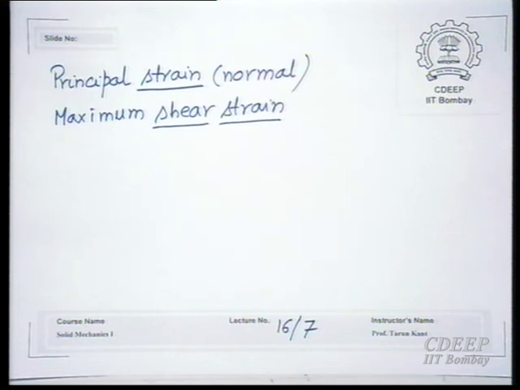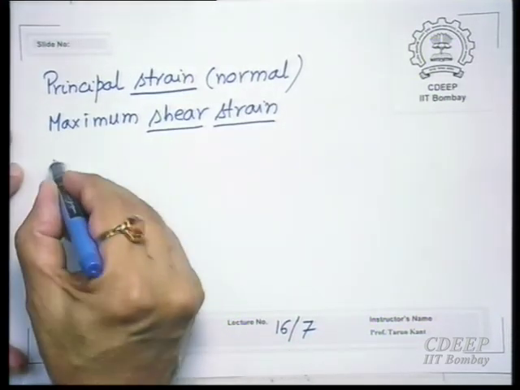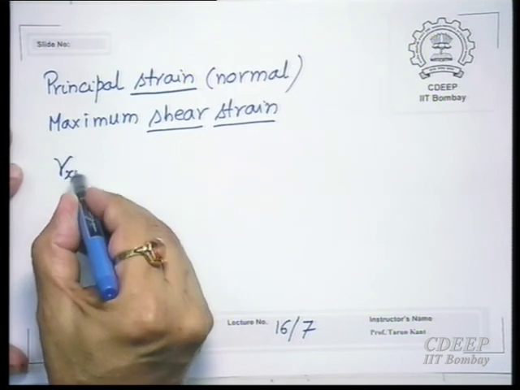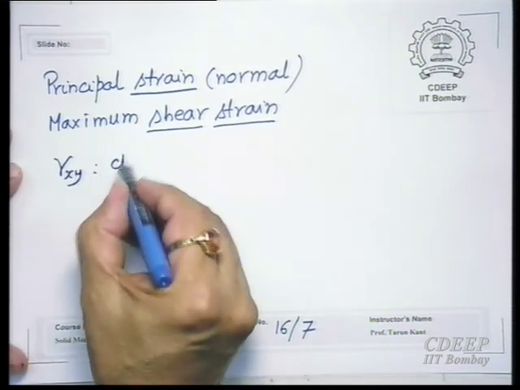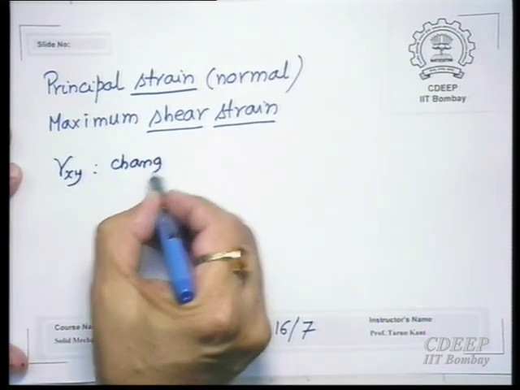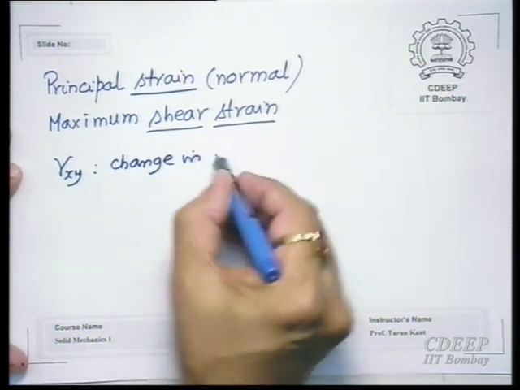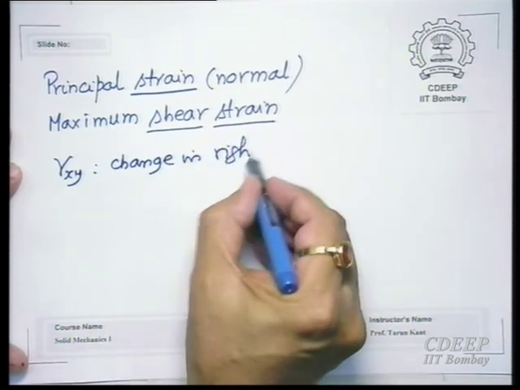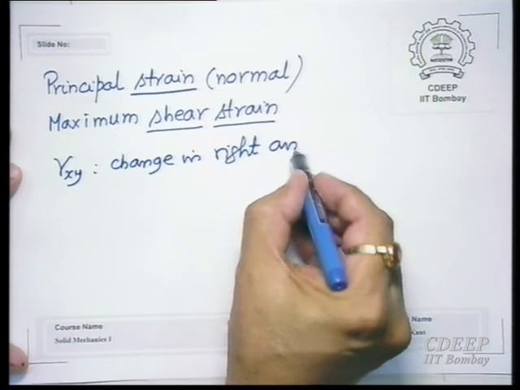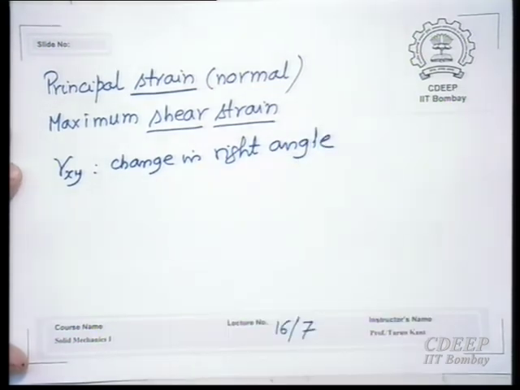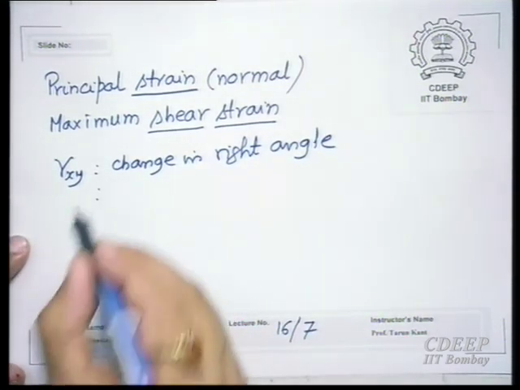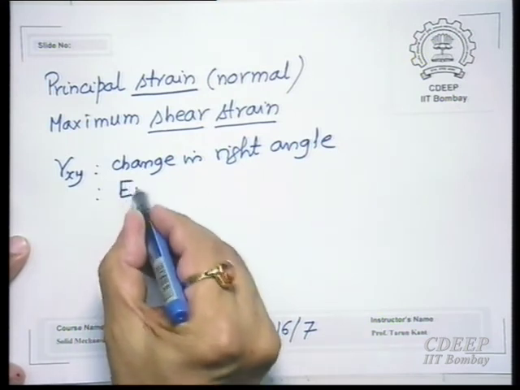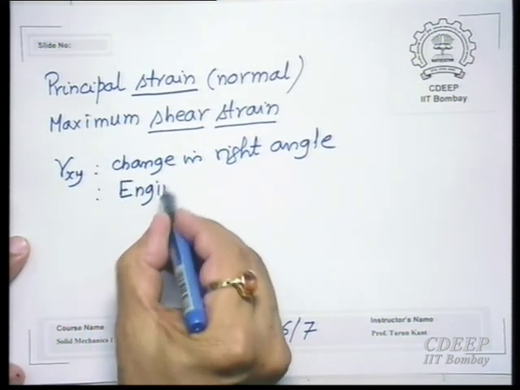There is no change. Strain and stress follow the same rule of transformation, provided this gamma xy, the change in right angle, which we call engineering shear strain, is handled properly. There is a reason for this.